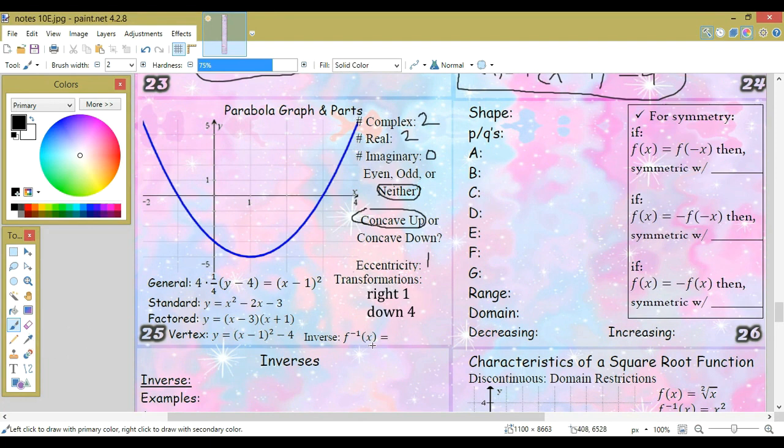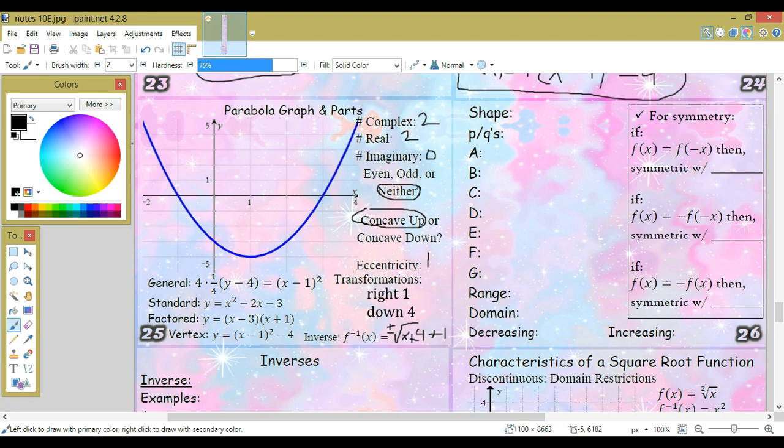And the inverse, by the way, would be the square root of x plus 4, plus 1. And that could either be a plus or a minus, so there's really two functions together.